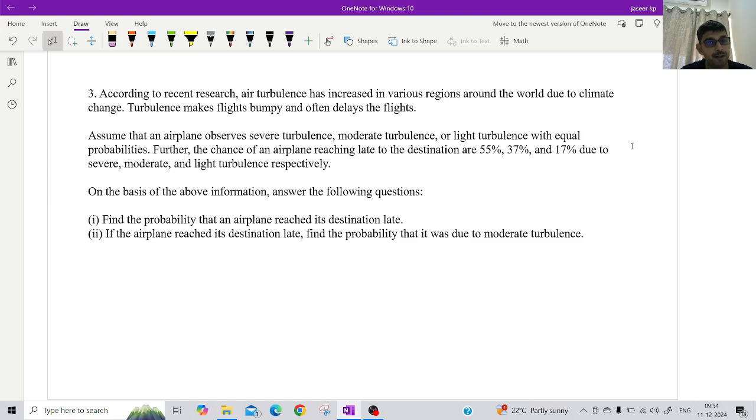Find the probability that an airplane reached its destination late. There are three types of turbulence: severe, moderate, and light. Due to that, the airplane may reach its destination late. The probabilities are given. So here we take A as the event, airplane reaching its destination late.